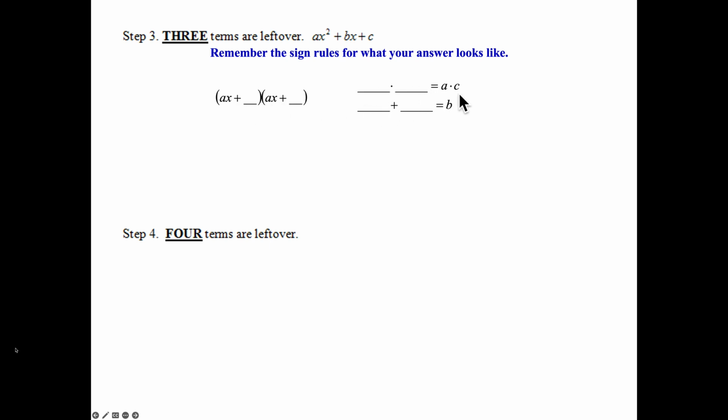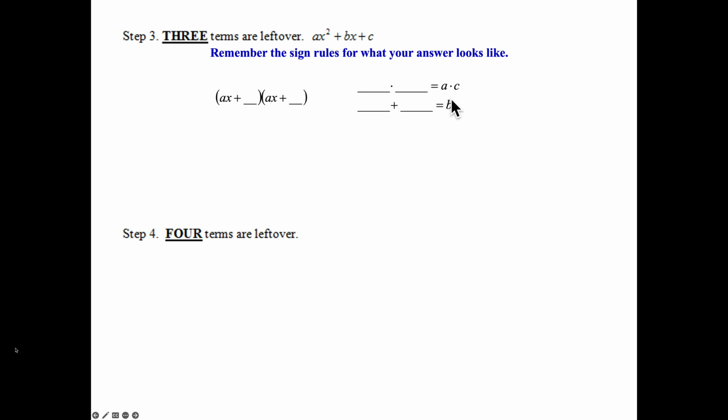Then we used our AC rule for factoring. What two things multiply to be AC and add up to be B? This is where we used our even and odd rules. Remember, if B is odd, break these down. Find your individual odd factors. Make your odd possibilities.